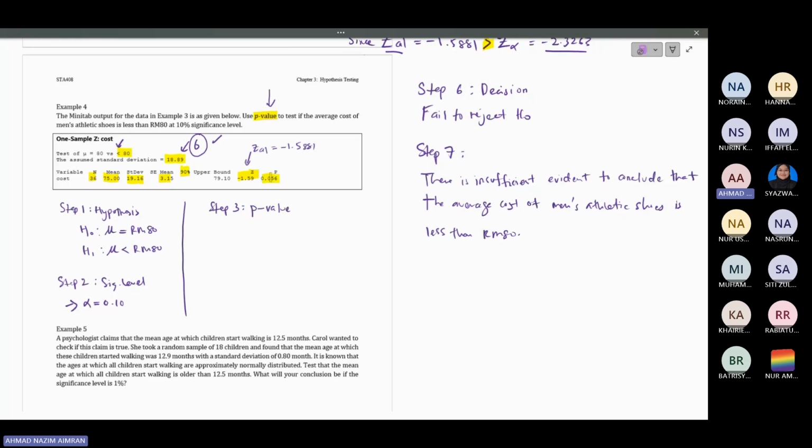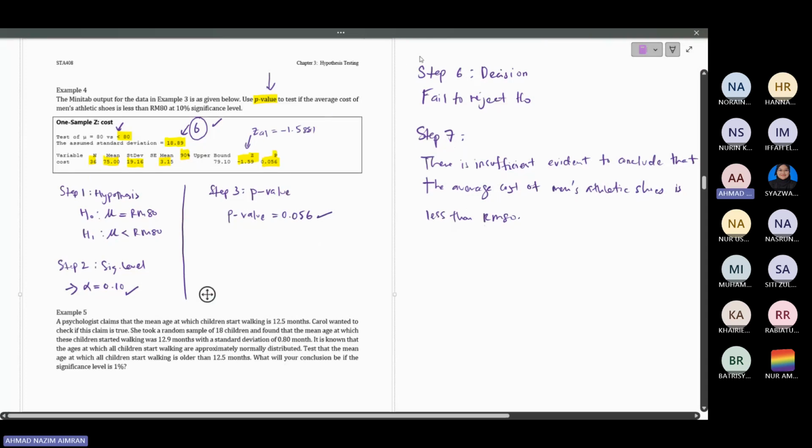This is the p-value, 0.056. So you can just simply write the p-value 0.056. And again, you should compare the p-value only with alpha. So this is the alpha. You need to compare these two values.